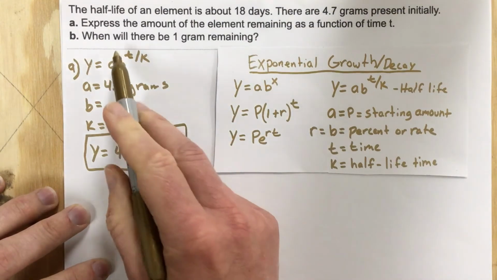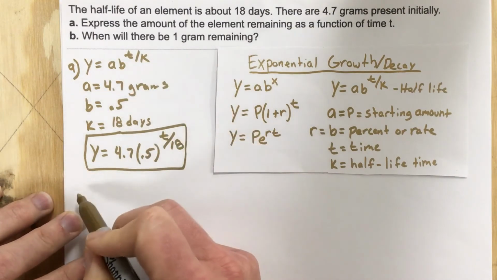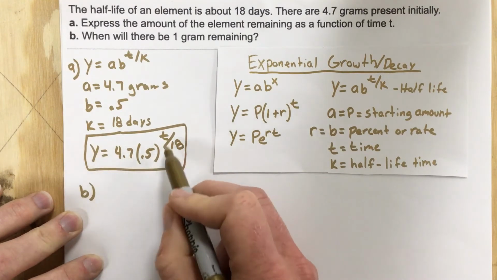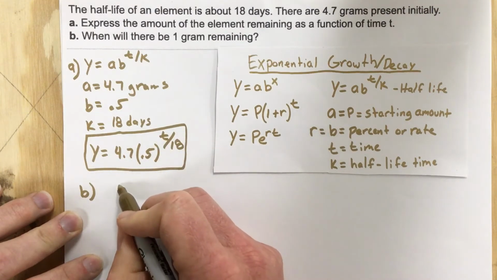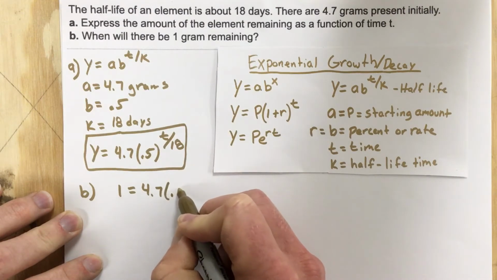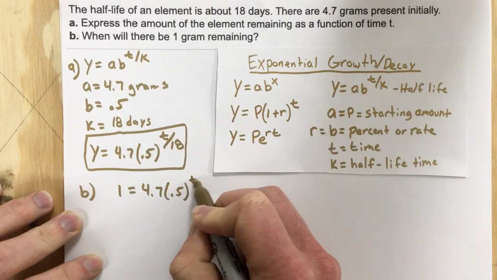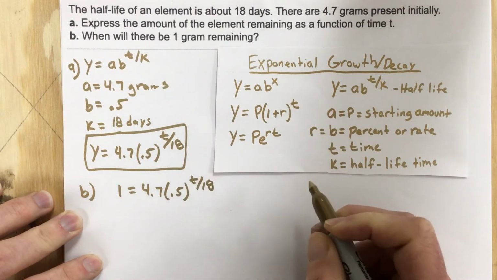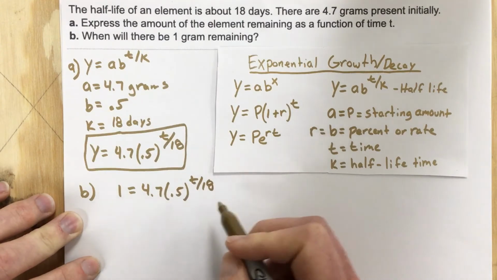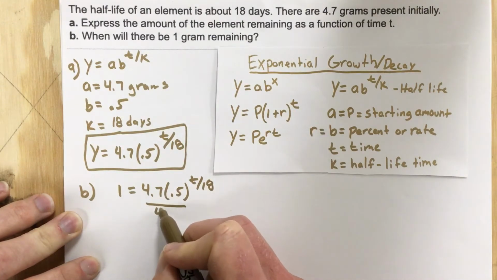Now part B, it says, when will there be 1 gram remaining? So all we have to do is plug in 1 for y and solve for t. So we're going to say 1 equals 4.7 times 0.5 to the t over 18. And the first thing we're going to do is divide each side by 4.7.